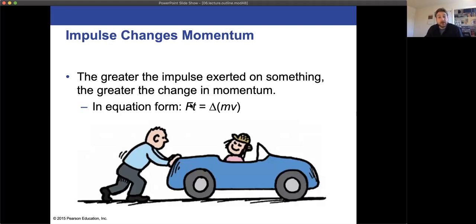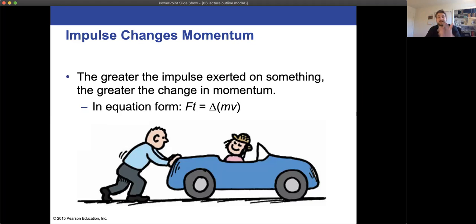This thing, impulse, according to Newton's second law, is related to what we call the change in momentum. Again, if we divide both sides of this equation by time, we have the version that I wrote at the end of the video we just finished. Force equals change in momentum divided by time.